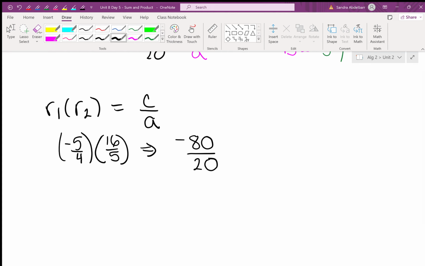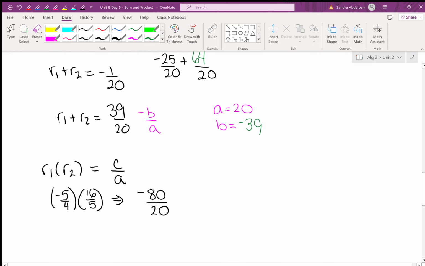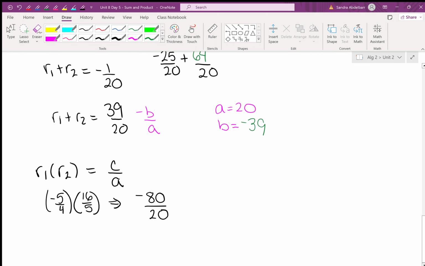Can we technically simplify 80 over 20? Yeah, but you don't want to do that because you want your sum of roots and your product of roots to have the same a. If you're now creating different a's, that complicates things. Do you see how the sum of roots had an a of 20, and then the product of the roots had our a as 20? You want to keep that the same. So in this specific scenario, you do not want to simplify.